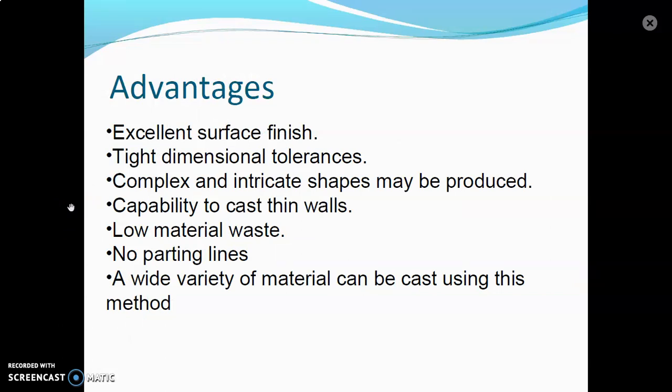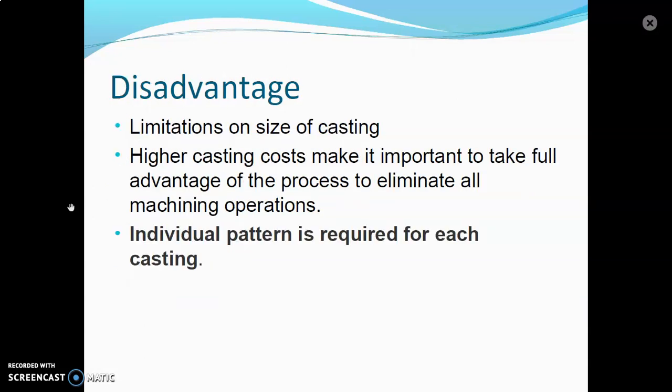Now the advantages: excellent surface finish, tight dimensional tolerances, complex and intricate shapes may be produced, capability to cast thin walls, low material waste. No parting line is required in this case. A wide variety of materials can be cast using this method. There are also some disadvantages, like limitation on the size of the casting.